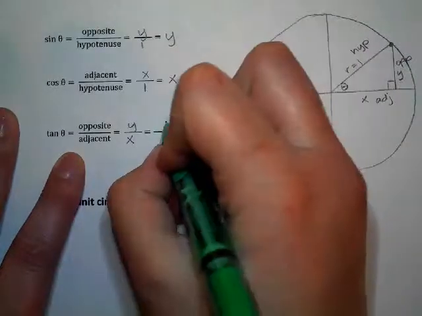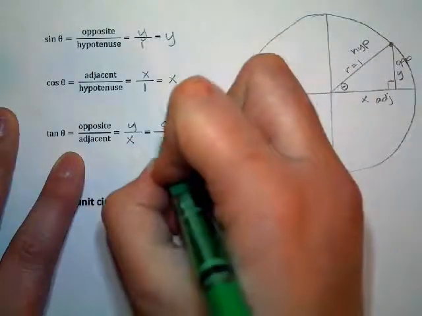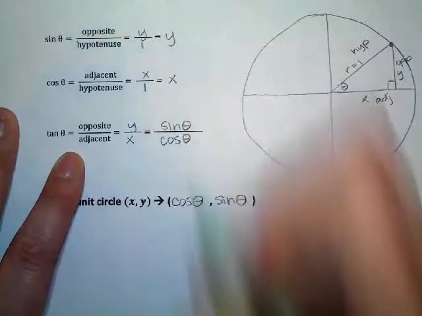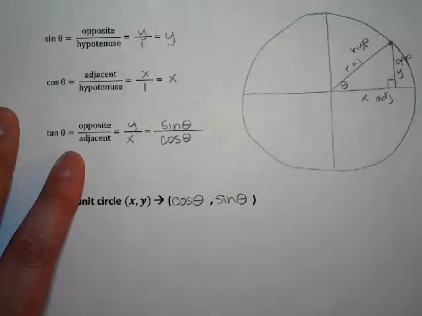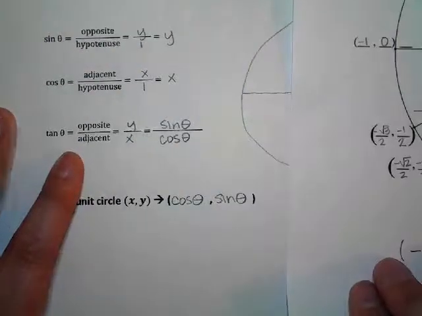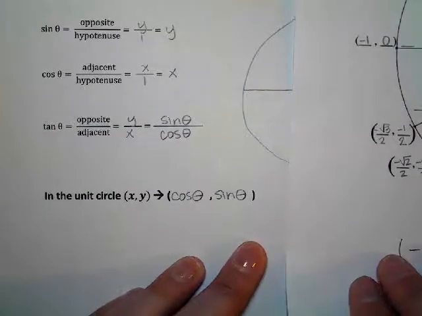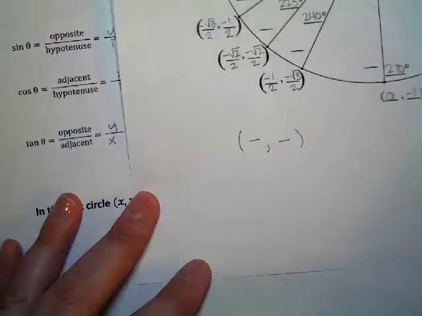So tangent is the y-coordinate divided by the x-coordinate, which coincidentally is sine divided by cosine, which we explore later in Math 3. Okay, so we're going to add this to our unit circle sheet because we just uncovered some very big things. We're going to say the x-coordinate is cos. The y-coordinate is sine.